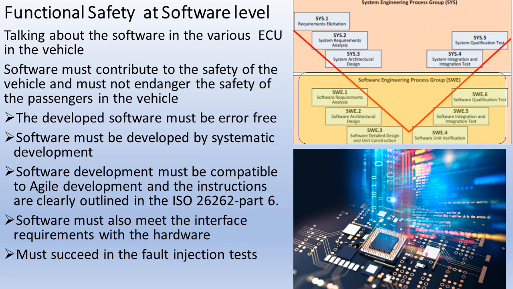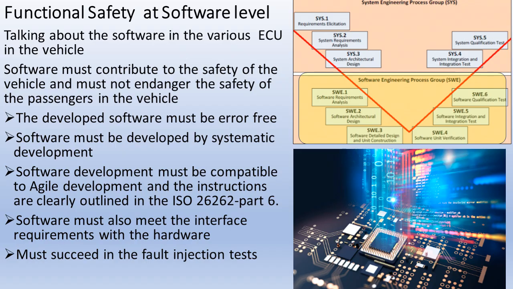Functional safety at the software level, let's see in a more elaborate manner. Talking about the various software in various ECUs in the vehicle, software must contribute to the safety of the vehicle and must not endanger the safety of the passengers in the vehicle. This is the main requirement of the software.